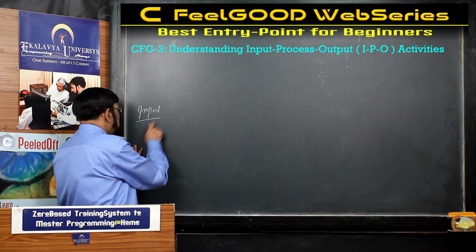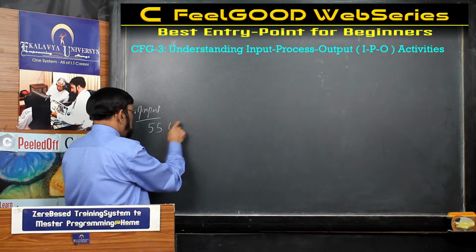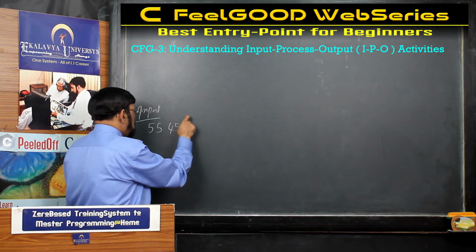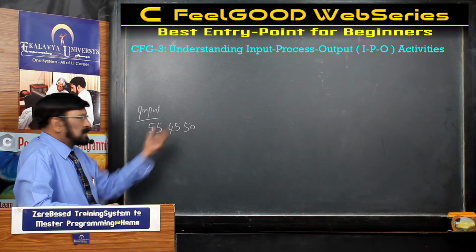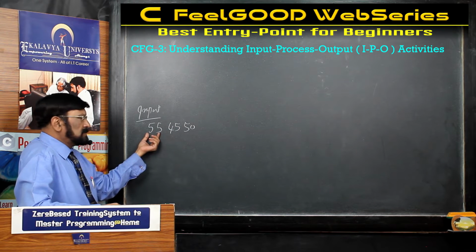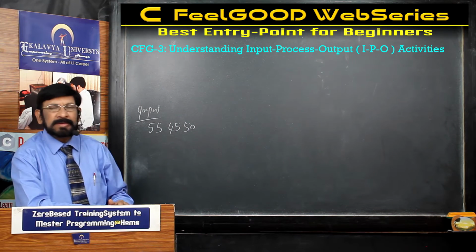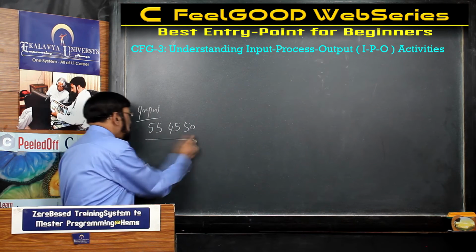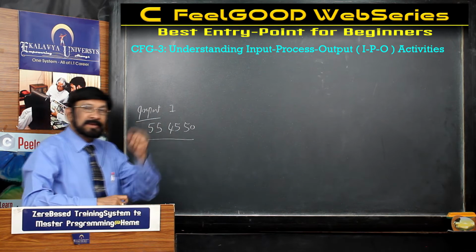Now let us enter the marks. First paper 55, second paper 45, third paper 50. Now the student got 55 in the first paper, 45 in the second paper, and 50 in the third paper. Okay, now this is the input. This is I. This is called the reading section.